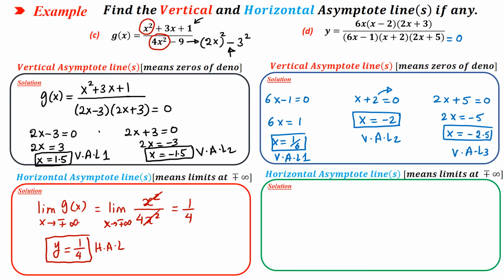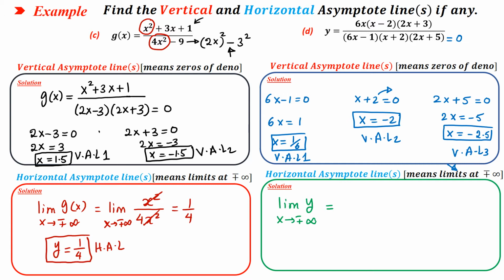Now, what about the horizontal asymptote line for this function? Pay attention for this part, because for the horizontal asymptote line, you have to take the limit at infinity and negative infinity, and so you have to multiply the brackets in numerator and denominator to get the highest power. So to find the limit of the function y when x goes to positive and negative infinity, you have to take the highest power up.